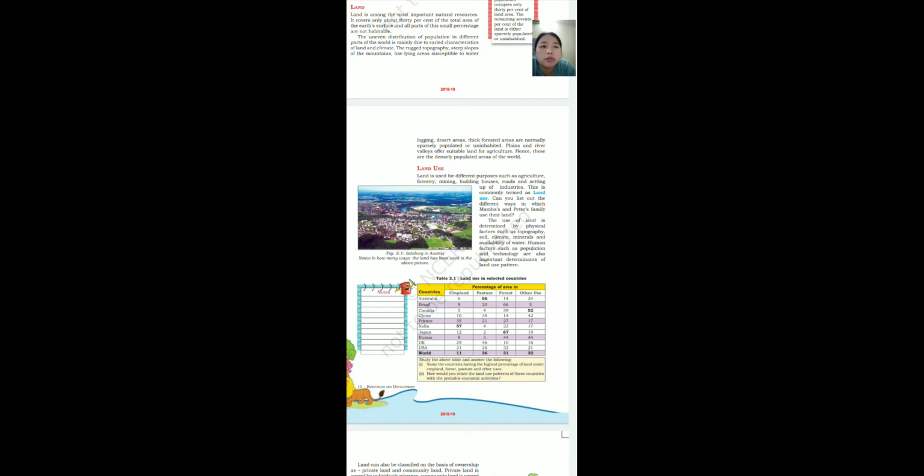The use of land can be determined by both physical as well as human aspects. When we speak about the physical, it's the natural factors like topography, soil, climate, minerals, and availability of water. We cannot stay in harsh topography, as I've shown you in pictures of deserts, mountain areas, and steep slopes.